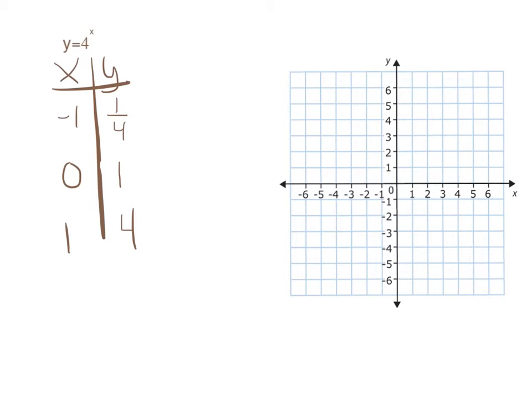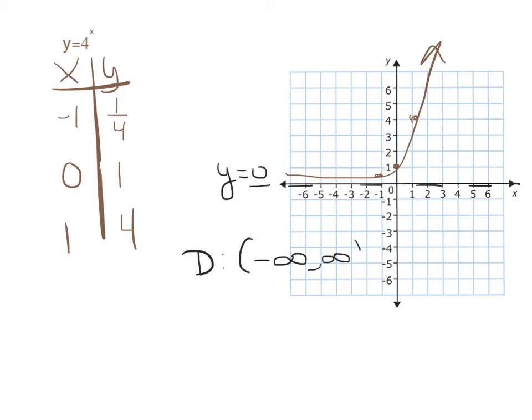So plotting that, y-intercept, 1, 4, there is my exponential growth equation with my asymptote not crossing the y equals 0 equation, my domain, all real numbers, my range from 0 to infinity. Okay, so this one's growing a little higher, faster.